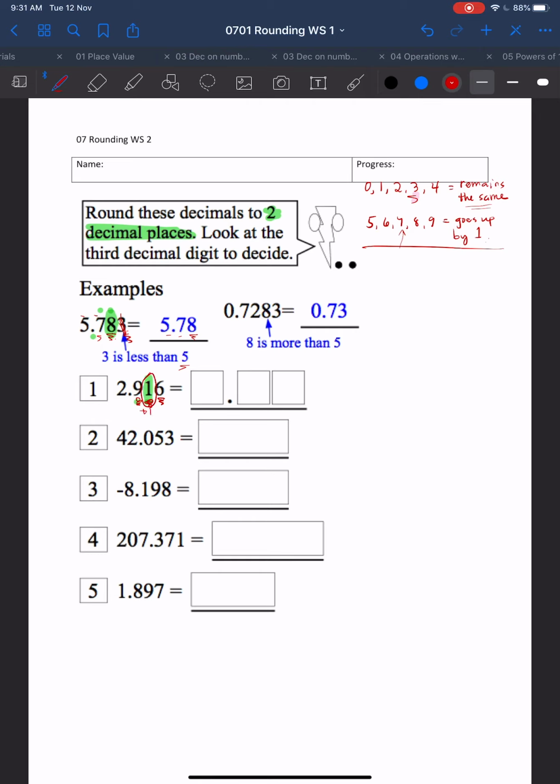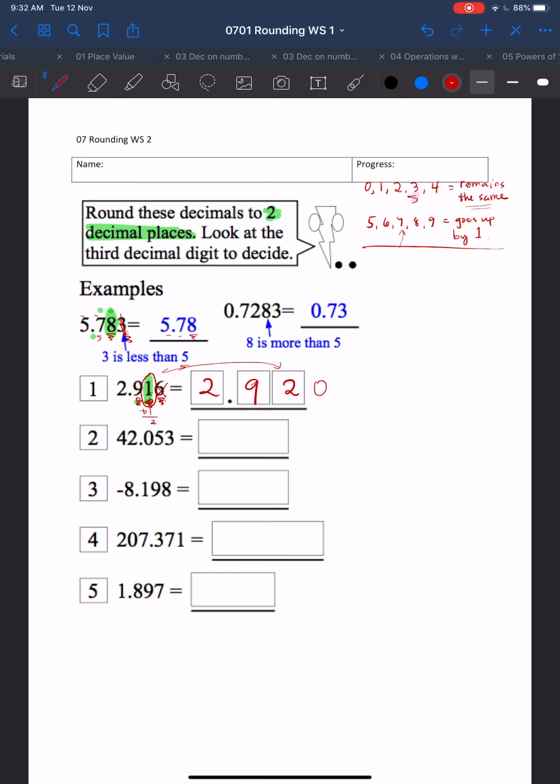So plus 1, it becomes 2. So this goes over here, 2. Everything after it becomes 0, so it doesn't matter, no value. But everything before it remains the same.